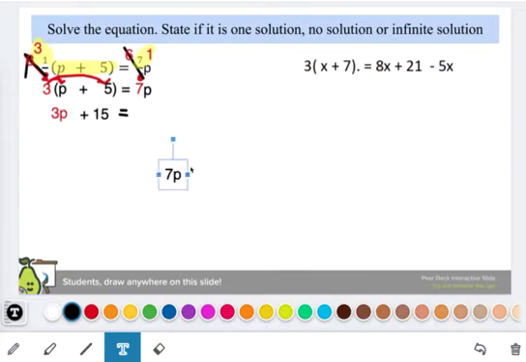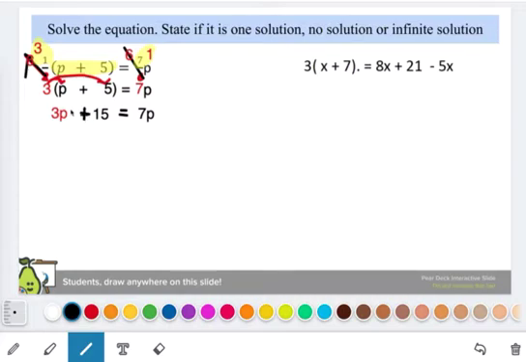Okay, and then we would subtract, look at the plus sign side, we would subtract this 3p. We minus 3p to both sides. Okay, minus 3p.